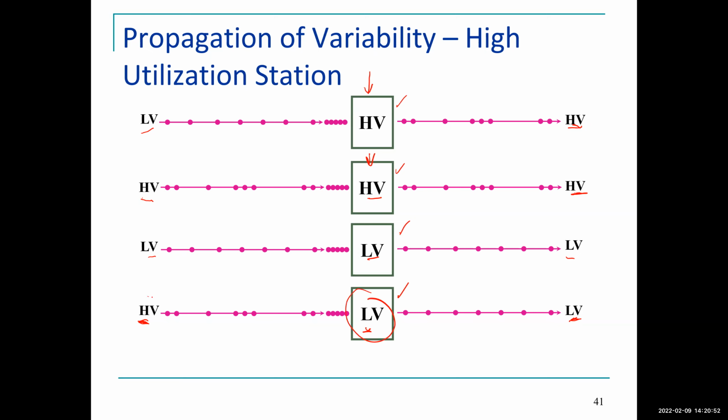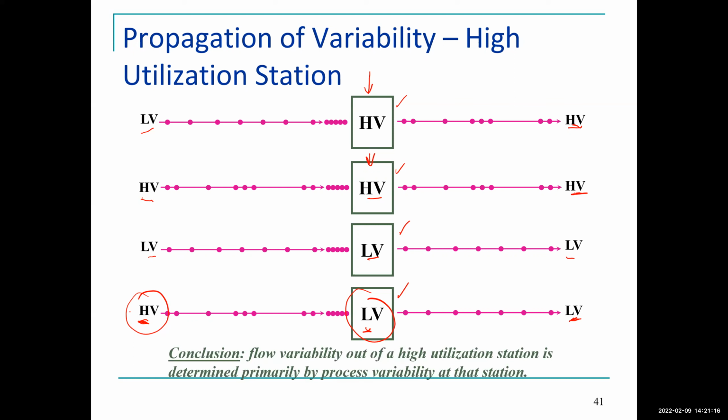This can somehow control the arrivals, but the opposite is not right. It's not the same. Okay, so high variability in the arrivals and low variability in the processing station provides you with a coefficient of variation that is low for the departure process. So in conclusion, variability out of a high utilization station is determined primarily by the process variability at the station.